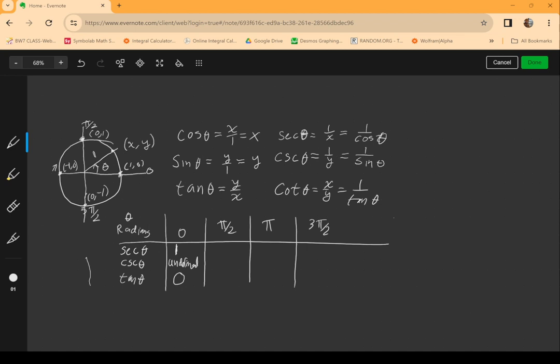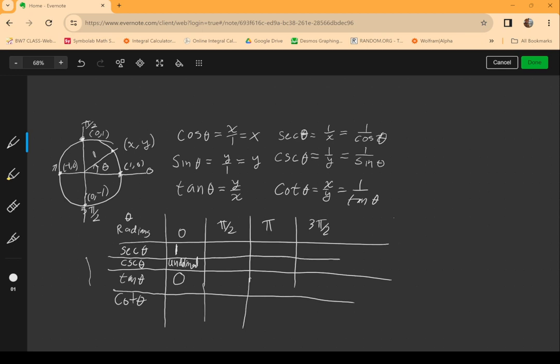But on the cotangent side, when I flip that around, I have the y in the denominator, and 1 divided by 0 will be undefined.